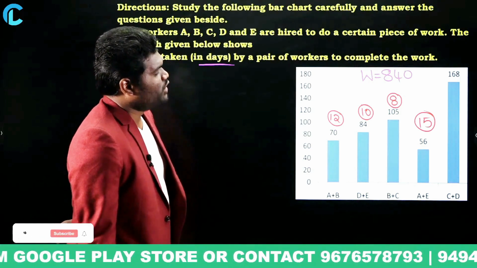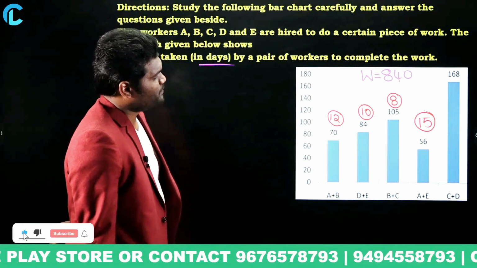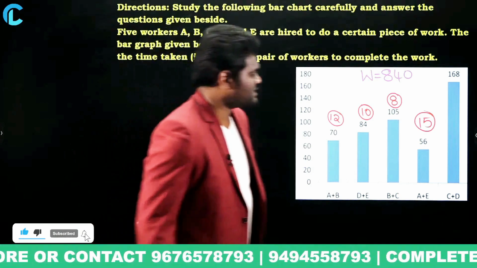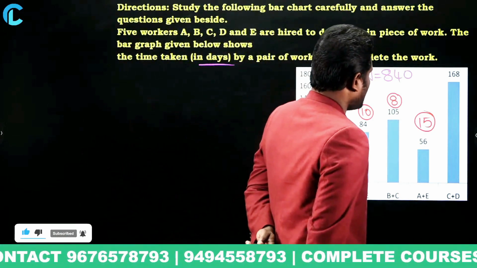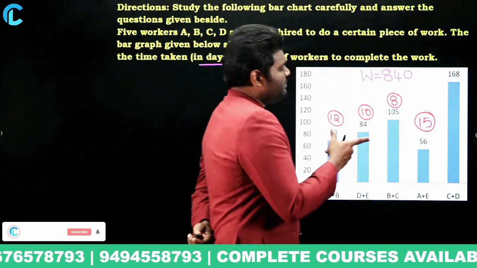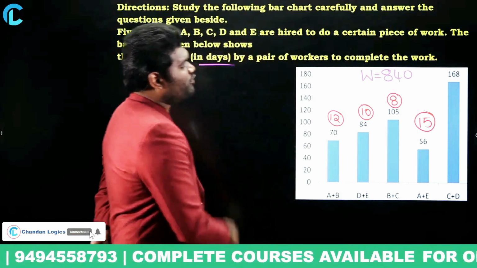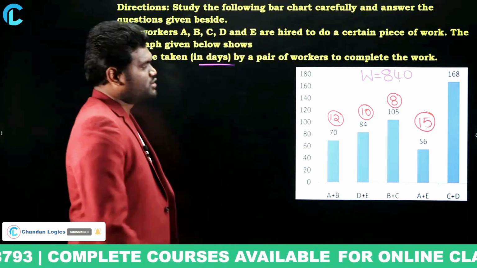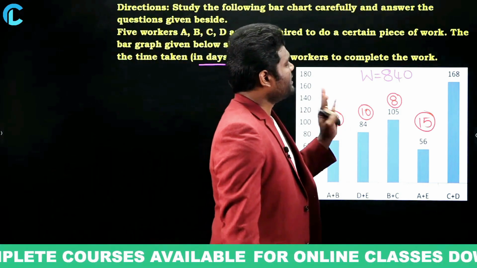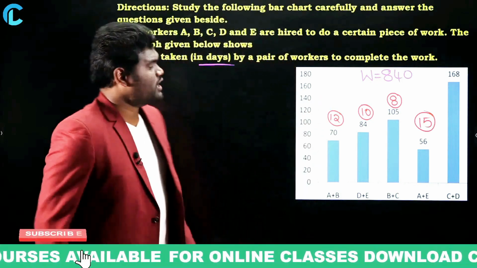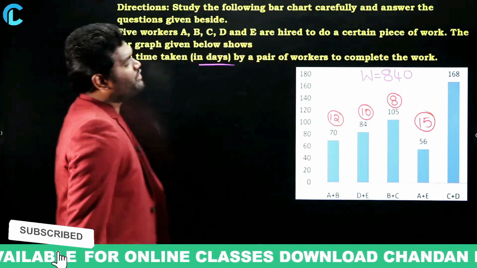Is that clear? So 840 by 56: 560 plus 280 is 840, that is 10 plus 5. Okay. So AE together will do 15 units of work.